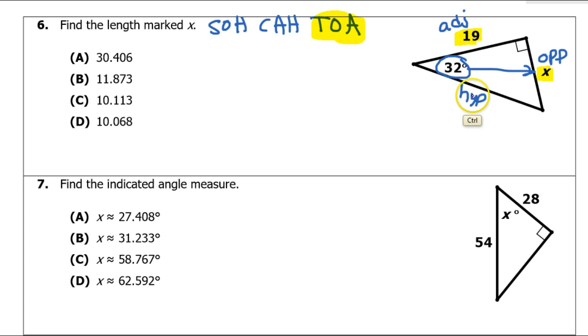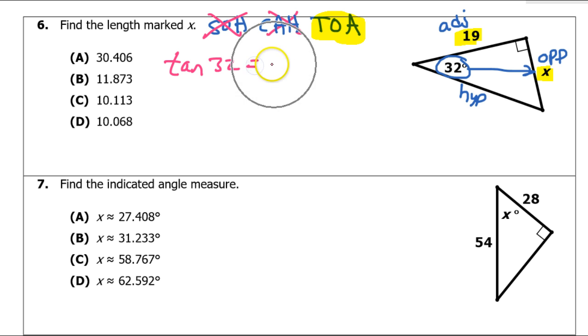Notice that the hypotenuse gives us nothing, it's all blank, so either of these functions that involve the hypotenuse are not going to be useful. So that's how we know to do tangent. Tangent is opposite over adjacent. So we go like this. Tangent of the angle, so the 32 goes right here, is equal to the opposite leg, which is x, over the adjacent leg, which is 19.